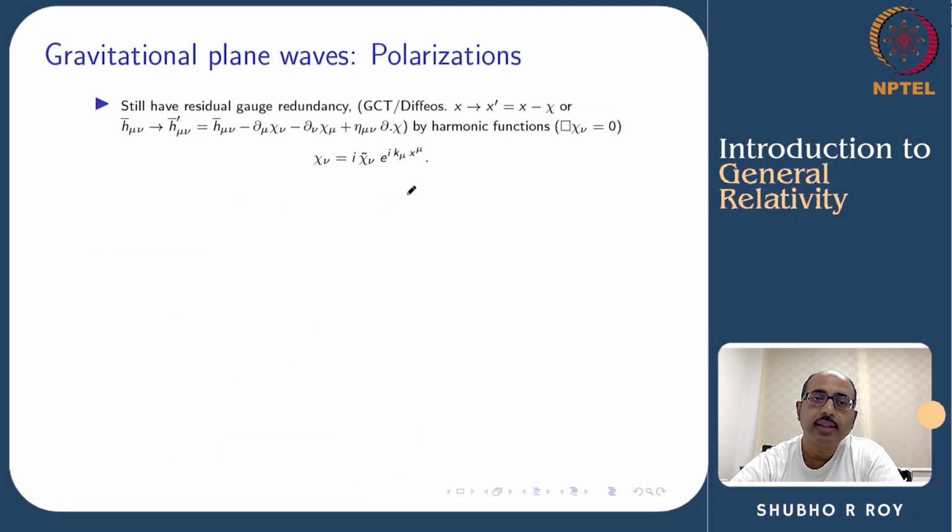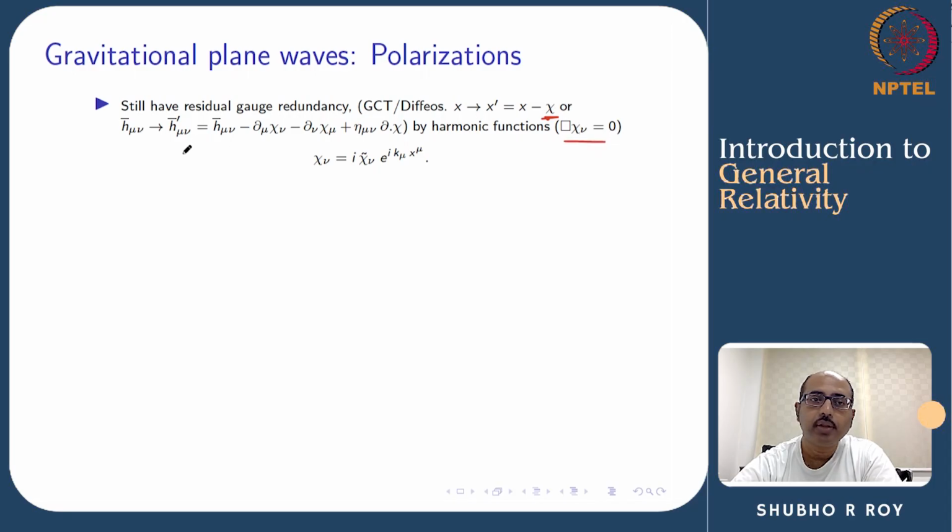And let's not forget that we still have residual gauge redundancy, because the Lorentz gauge was not a complete gauge fix. We can still perform diffeomorphisms, or general coordinate transformations, with this parameter chi, such that it satisfies the wave equation, that is, it is a harmonic function.